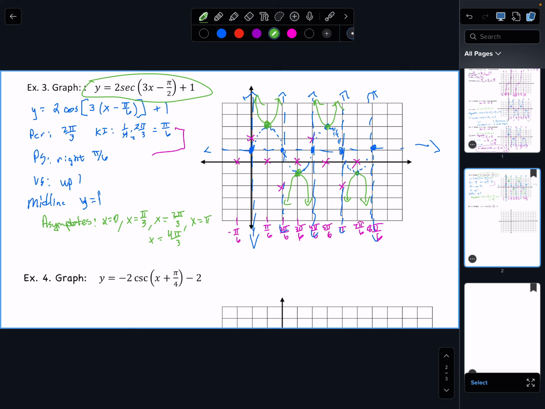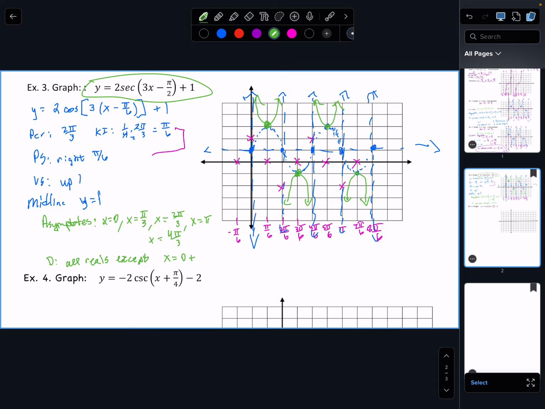And there are no zeros. And so for the domain, it would be all reals except you pick any of the asymptotes that you want. So if I pick 0, and then you add multiples of half of the period, because the distance between them is half the period.